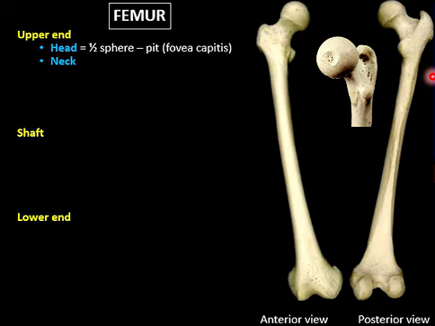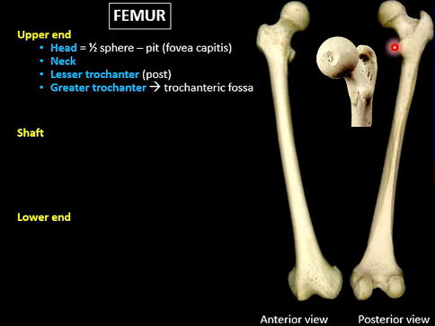Following the neck, at the junction of the neck with the shaft, we have two trochanters, similar to what we have said in the humerus. Two tuberosities, here two trochanters. This is the lesser trochanter, which appears posteriorly, and laterally here we have the greater trochanter. The greater trochanter curves medially like this, overhanging a depression called the trochanteric fossa.